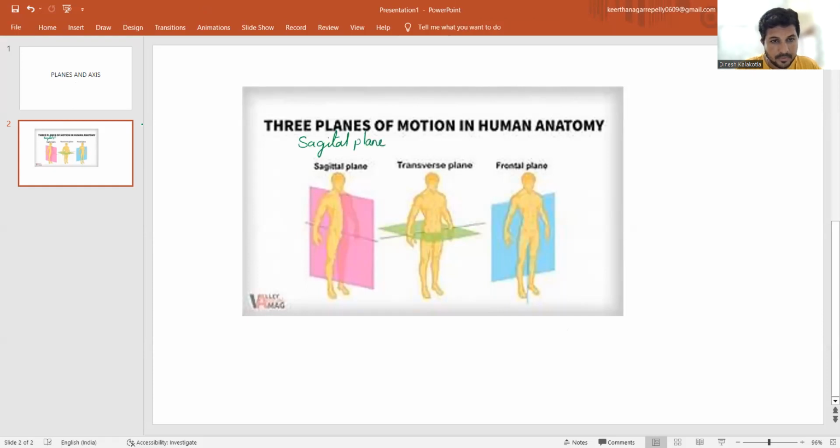Sagittal plane and sagittal axis. Okay, so transverse plane and frontal axis.